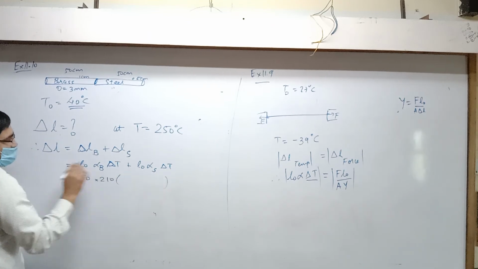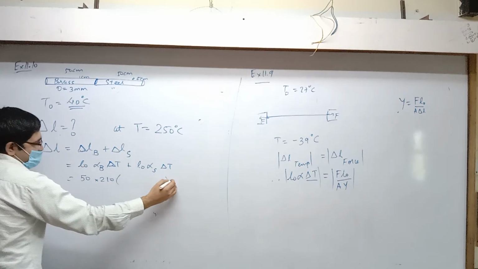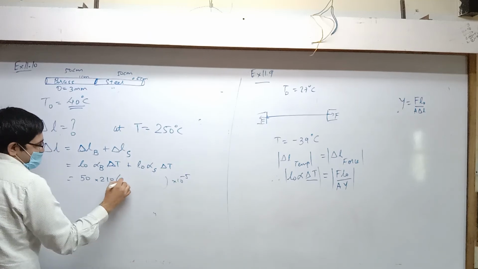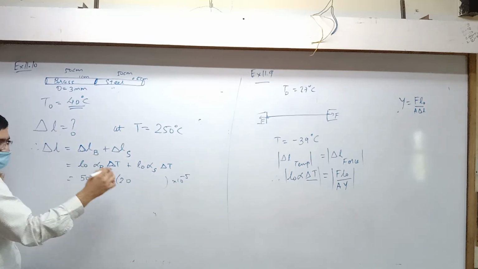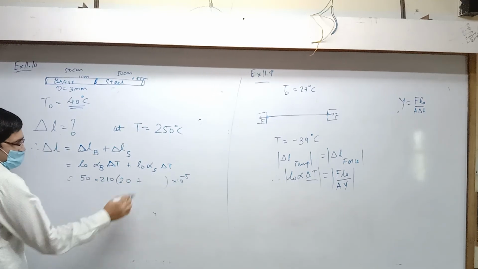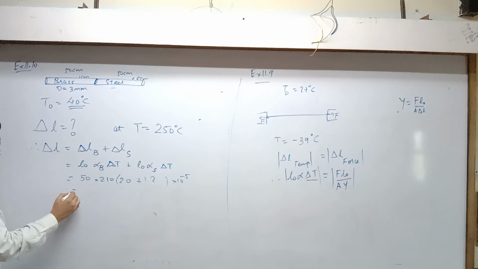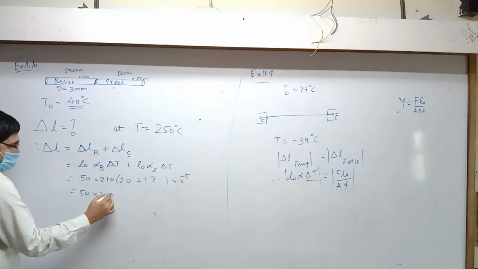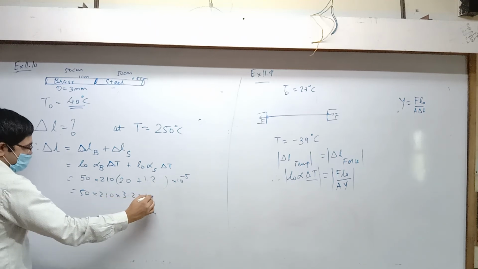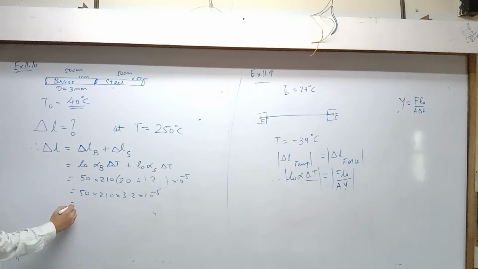Now alpha B plus alpha S, what is alpha B? 2.0 into 10 raised to minus 7, plus 1.2 into 10 raised to minus 5. Okay, so that is going to be 50 into 210 into 1.2 into 10 raised to minus 5.